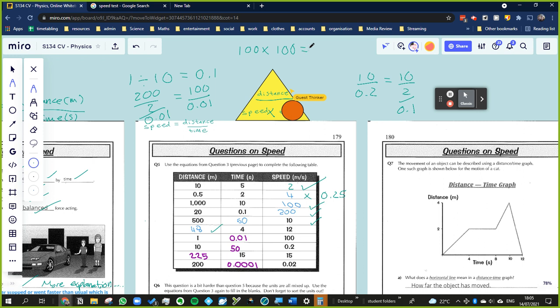So rather than getting smaller, it gets much larger, and it will have four zeros. If you did that on the calculator, hopefully you'll find that 200 divided by 0.02 is 10,000.